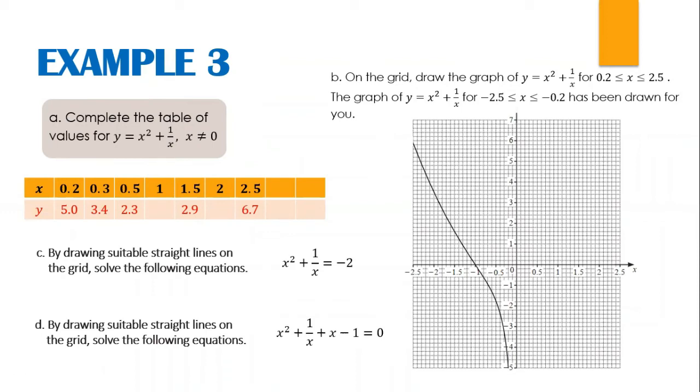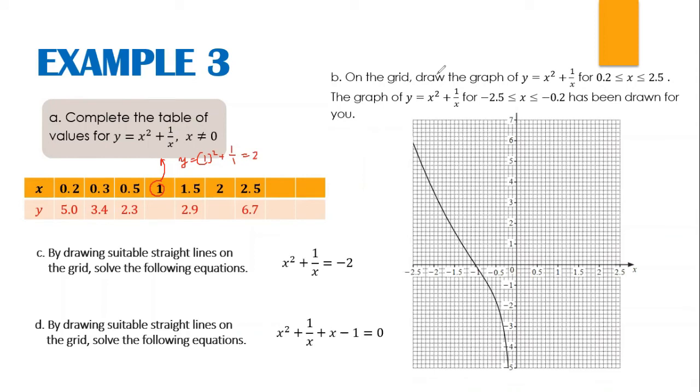The first step, you are going to complete the table. Now we are going to complete the table. For x equals 0.2, y is 5.0; for x equals 0.3, y is 3.4; for x equals 0.5, we got y equals 2.3. And now for x equals 1, by inserting x equals 1 into the function, y equals 1 squared plus 1 over 1, so we got 2, right?